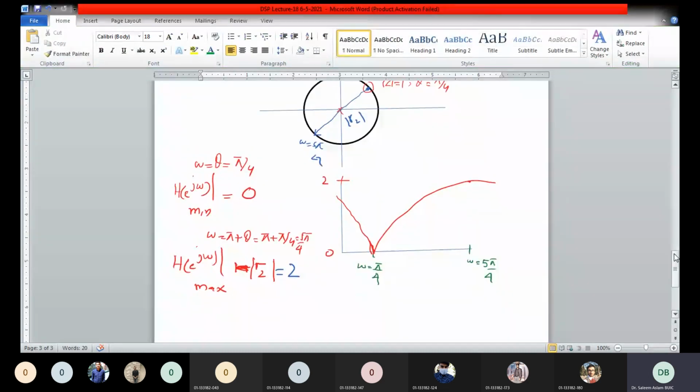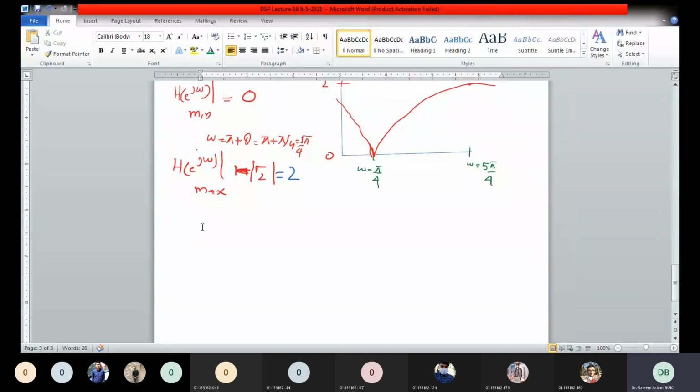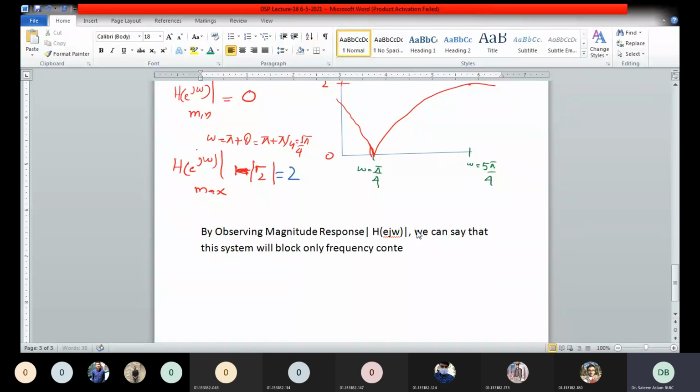Let me write in text: by observing the magnitude response, mod H e to the power j omega, we can say that this system will block only the frequency content of pi by 4.